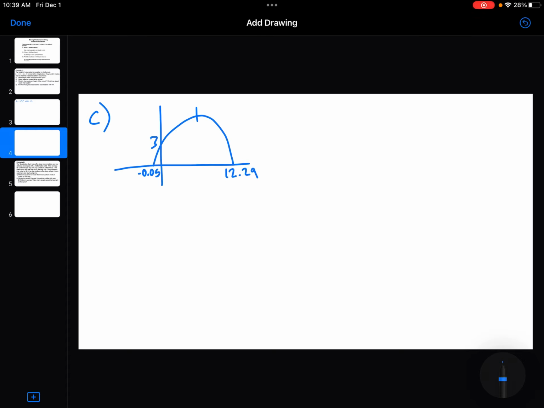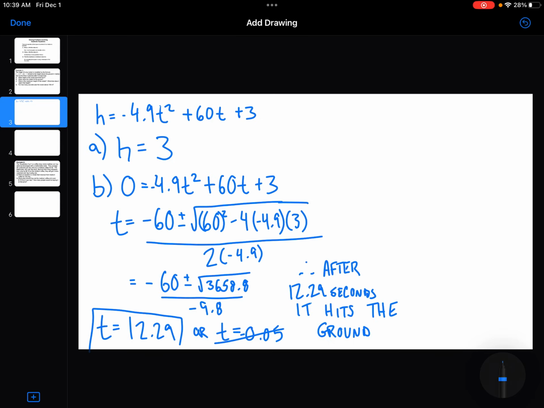So we find the x of our vertex by adding our two x-intercepts together and dividing by 2. So negative 0.05 plus 12.29, divided by 2, and you should get 6.12.